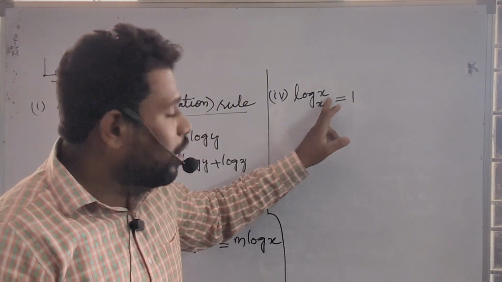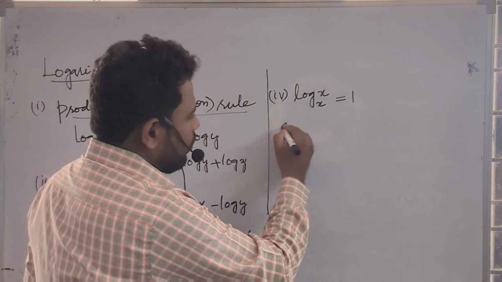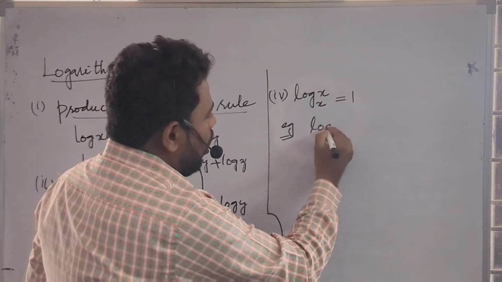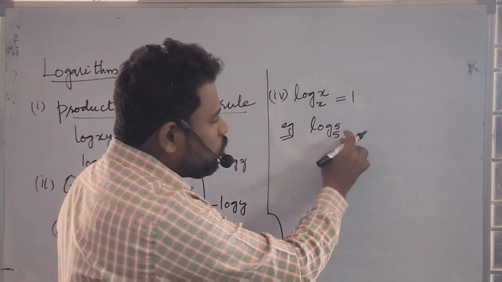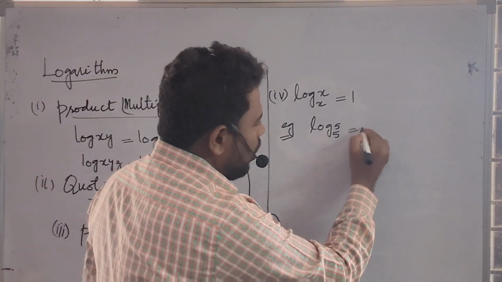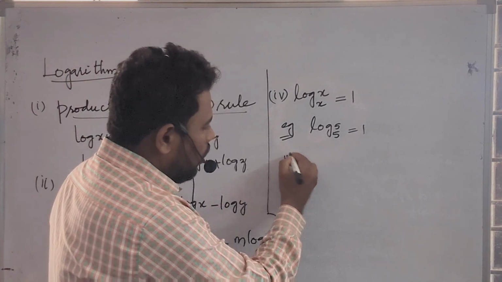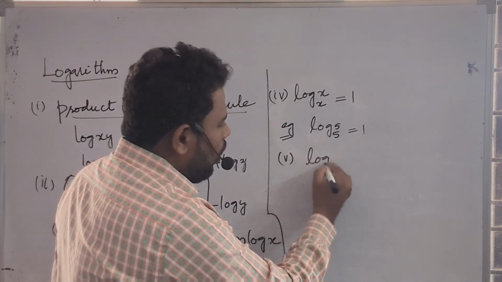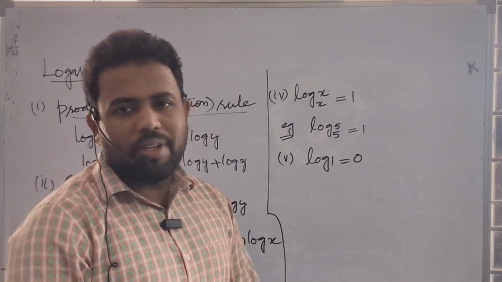Example: log 5 base 5. These 2 numbers are the same, so the answer is 1. Now, rule number 5, log 1. The answer of log 1 is 0.